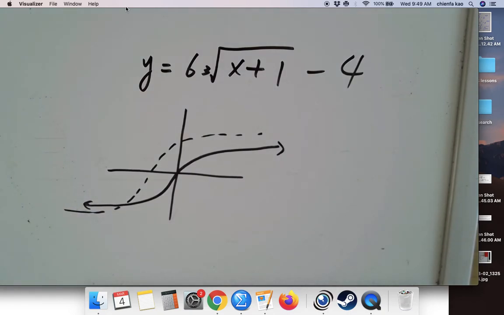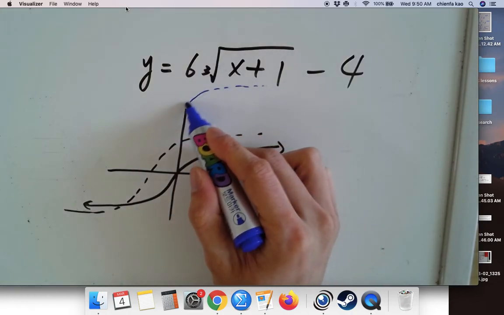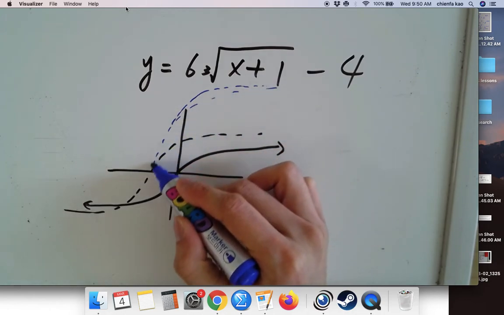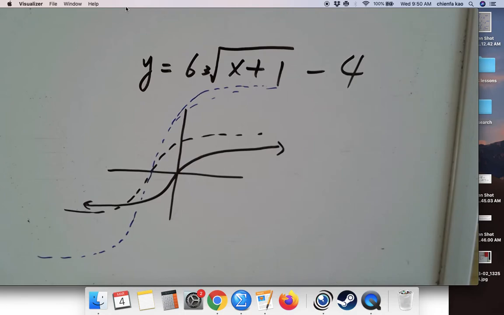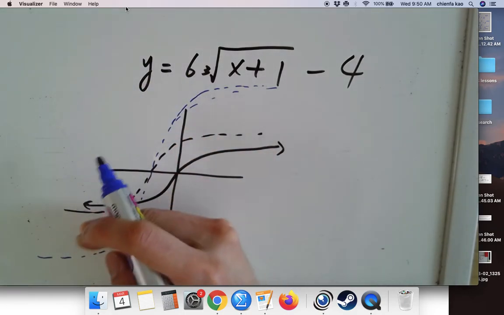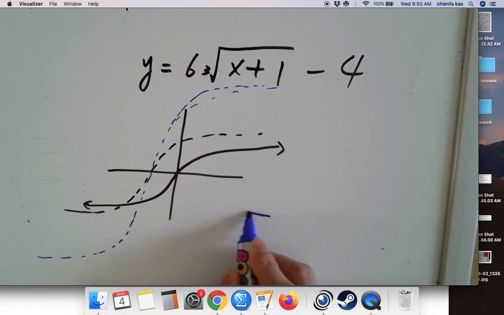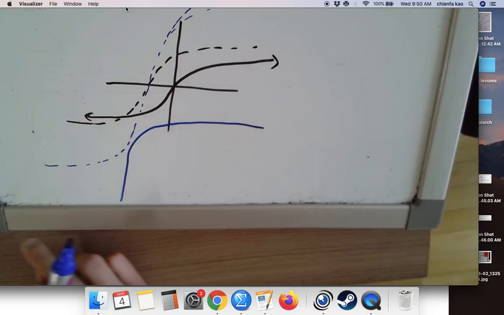And then it's been stretched. I'm going to use the blue one now so you know what's happening. Stretched vertically by a factor of 6. And it's made bigger. It's made wider. Okay, and then now 4 down. So this will be 1, 2, 3, 4, for example. Obviously, this is not perfectly accurate. Okay, so I ran out of space, but you know, it goes this way.